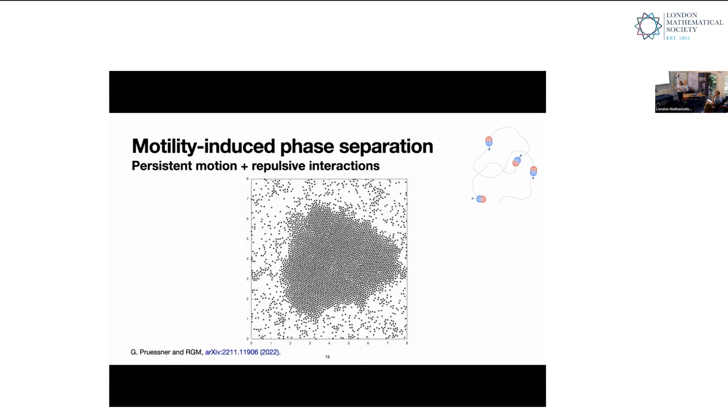This is happening for two reasons. One is the persistent motion, which is why it's motility induced. The other reason is the repulsive interactions. These particles do not directly attract each other, but because of their microscopic dynamics, it looks as if they do.